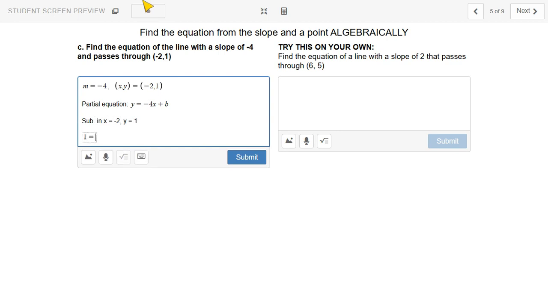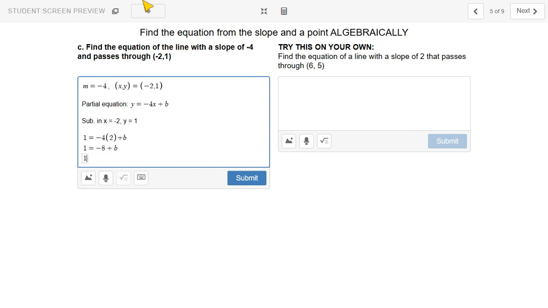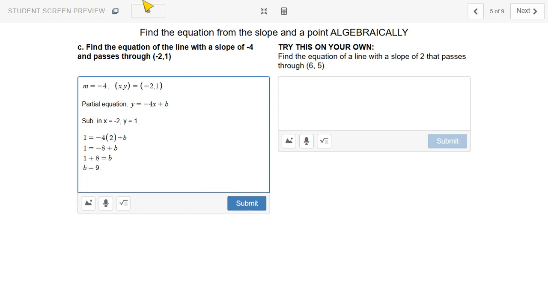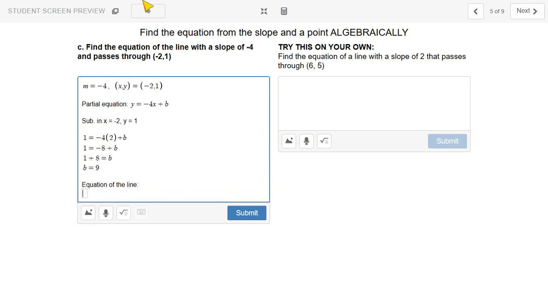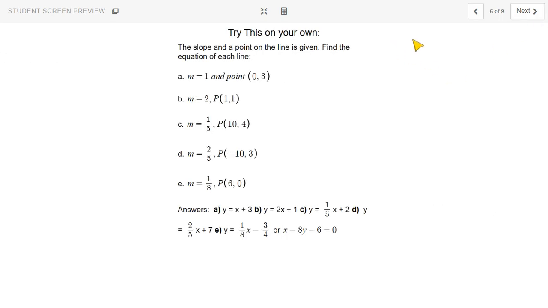Now we have 1 is equal to negative 4 times negative 2 plus b. 1 is equal to 8 plus b. 1 minus 8 is equal to b, and we have b is equal to negative 7. So the equation of the line, y is equal to negative 4x plus b. I want you to pause the video now, try this question on your own, and try some of these ones on your own as well.